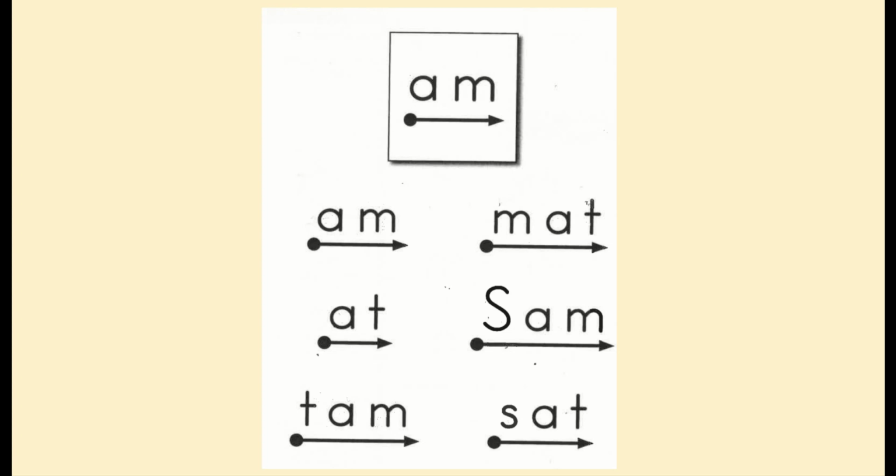What sound does tam begin with? Tam begins with t sound. What sound does tam end with? Tam ends with the sound of am. Now we're going to practice spelling some of these words.